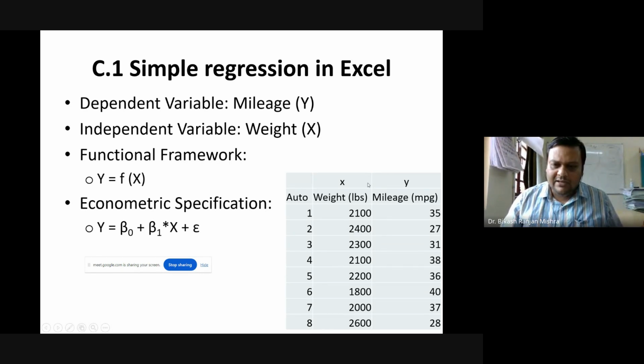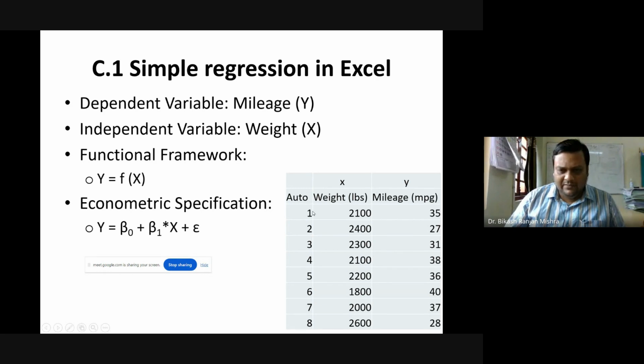That table is already given to you with this slide. I'm not starting with a very rigorous, economic-theory-based regression analysis, but rather something ordinary. For example, there are 8 versions of automobiles available, and they have different weights and different mileage.